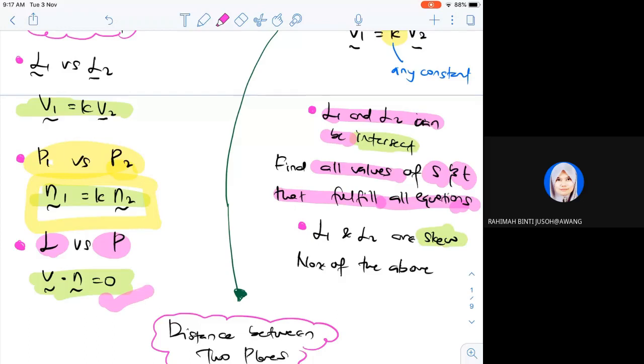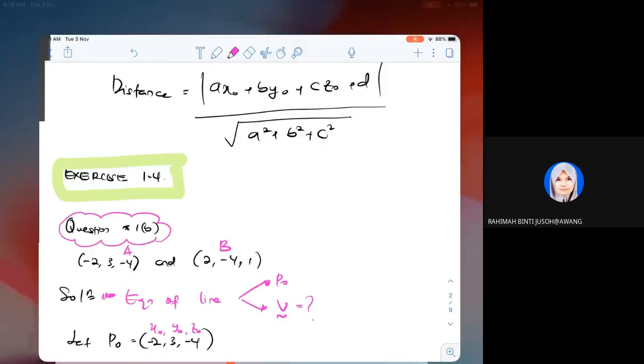So in other way, if v dot n not equals to 0, bila kita kira v dot n tak sama dengan kosong, so the line and plane must intersect sebab dia tak parallel.